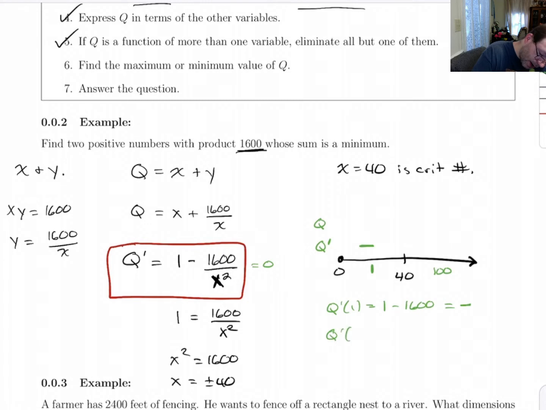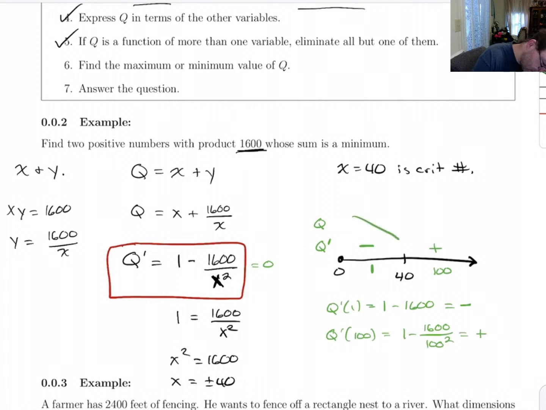If I do q prime of 100, I get 1 minus 1600 over 100 squared. 1600 over 100 squared is small. It's less than 1 because the denominator is bigger than the numerator. Anyway, this winds up being 1 minus something smaller than 1, so it's positive.